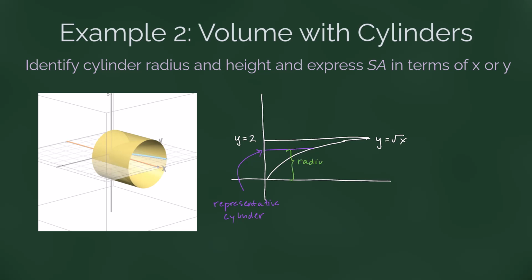And then we can see that our radius is going to be the distance that cylinder is above the x-axis.